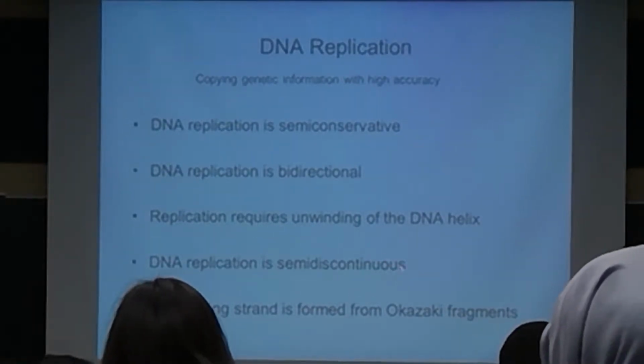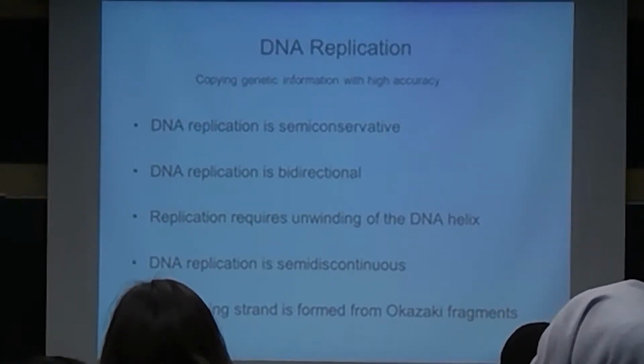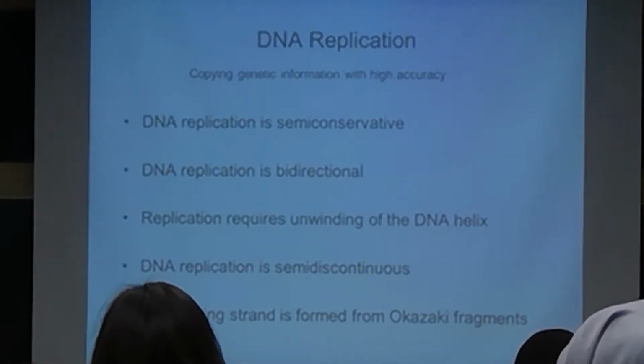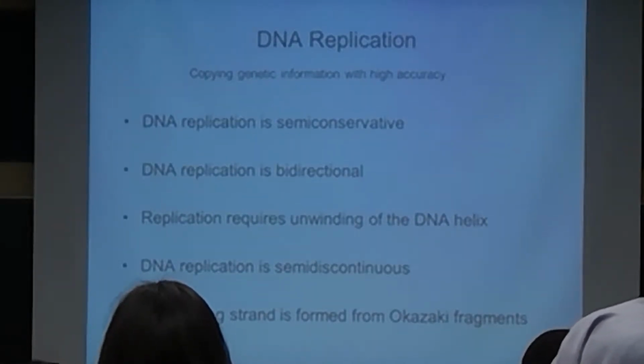And replication is semi-discontinuous. We discussed that there are two strands. One is the leading strand, which is continuously replicated, and replication always takes place from 5' to 3' direction. And newly incorporated DNA is always incorporated at the 3' end of the primer. And the other strand, which we call the lagging strand, because of the direction issue, correct?